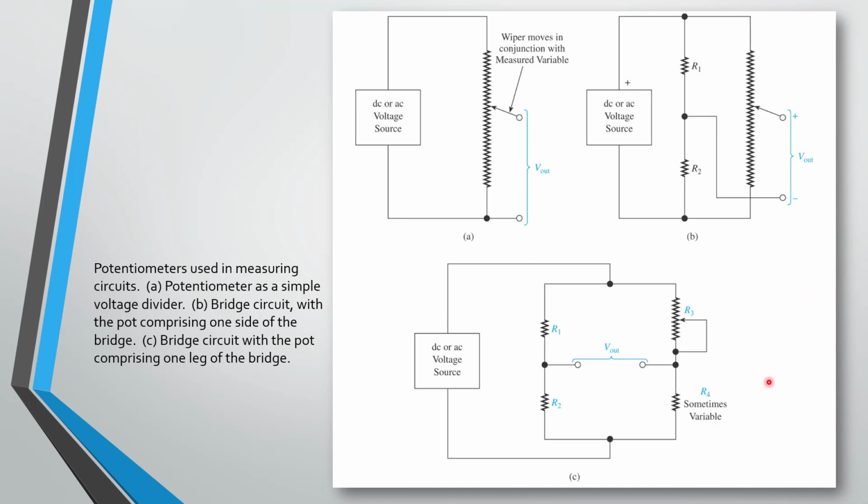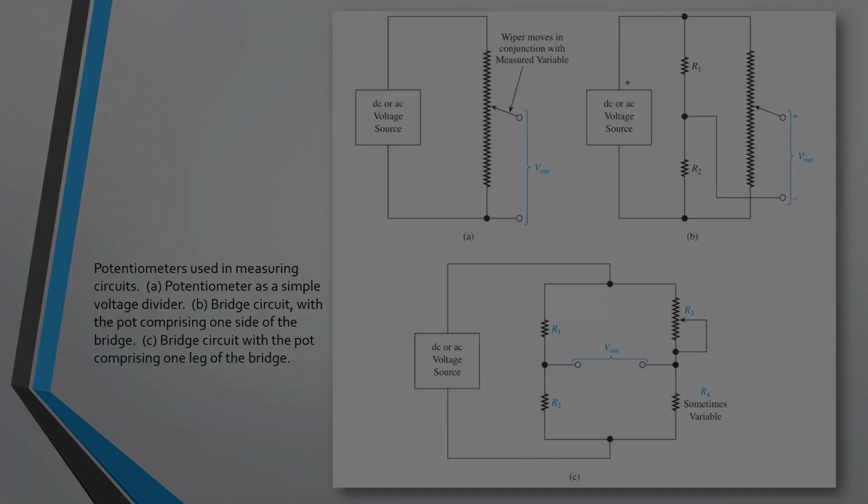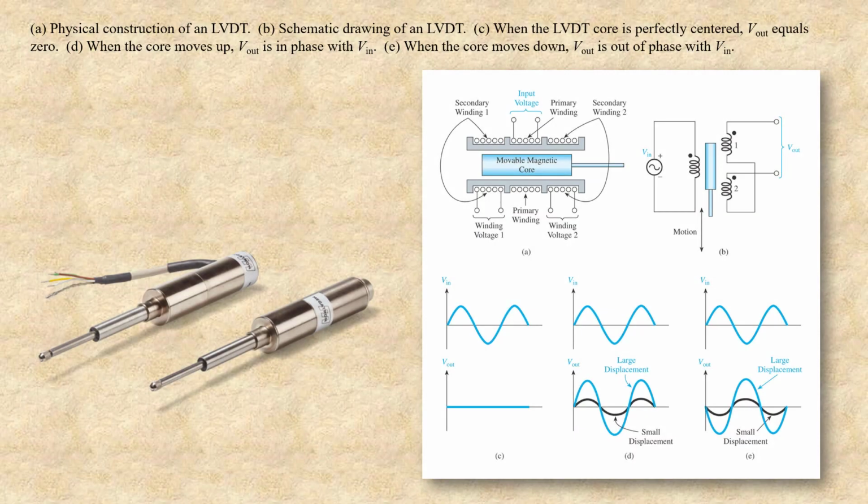Another similar situation. This device is an LVDT. This is also a way to measure position or movement. LVDT is a linear variable displacement transformer. And the way it works, here's what it would kind of look like.